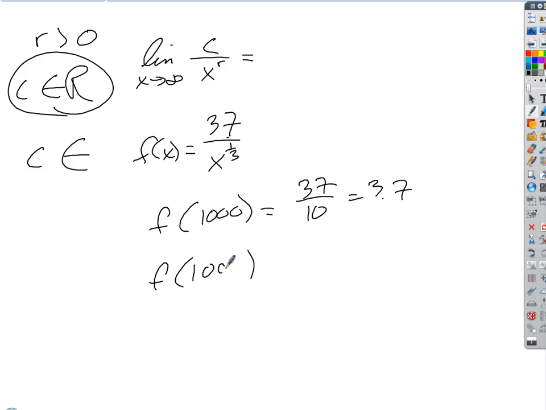Well, r is a constant. f of a million is going to be 37 over the cube root of a million, which is 100. What's happening? The bottom is getting bigger, even though it's getting bigger at a pretty slow rate. What's happening to the overall fraction? It's getting smaller, right?